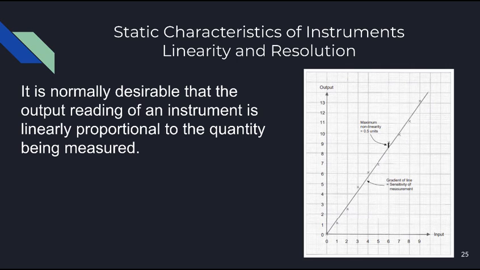The nonlinearity is thus defined as the maximum deviation of any of the output readings marked X from this straight line. Nonlinearity is usually expressed as a percentage of full scale readings. So you can see it's the maximum deviation from the linear line that gives you the maximum nonlinearity.